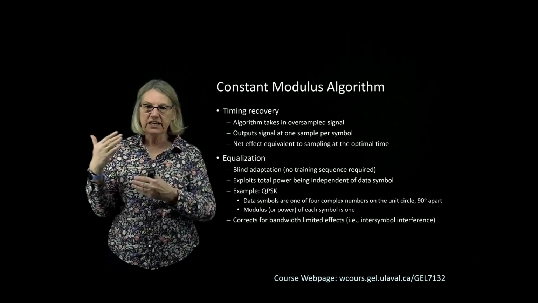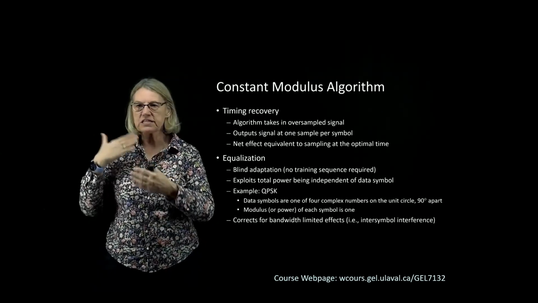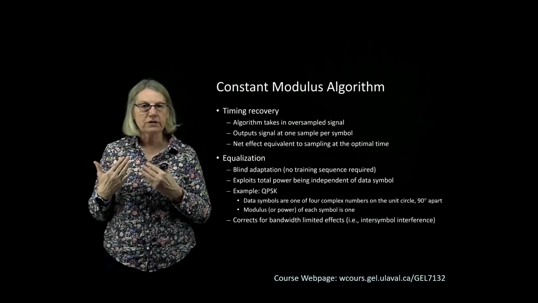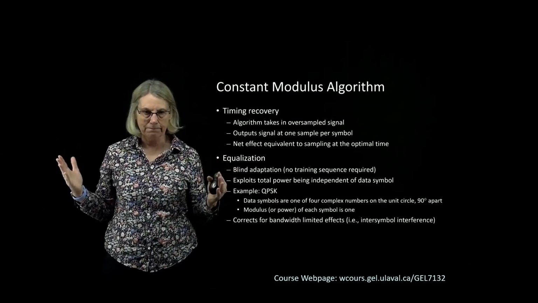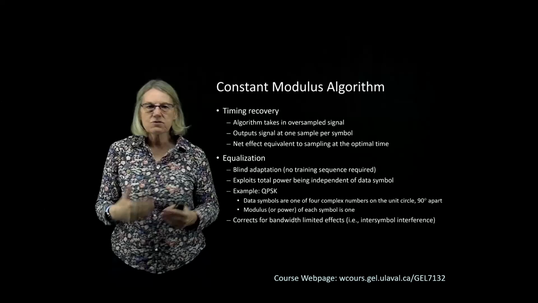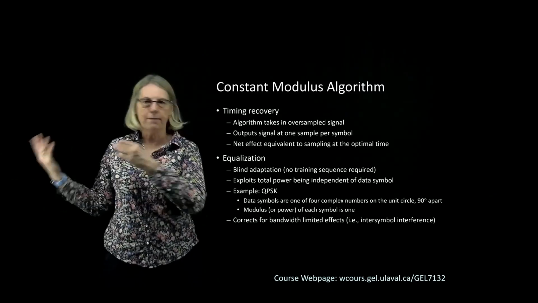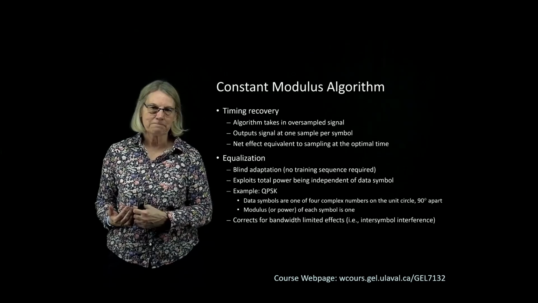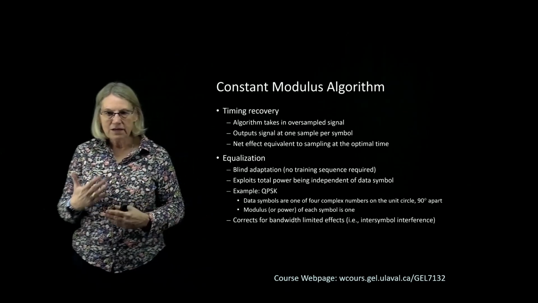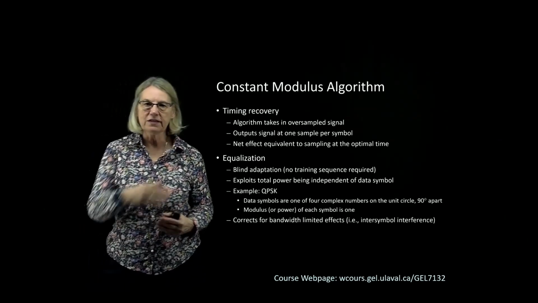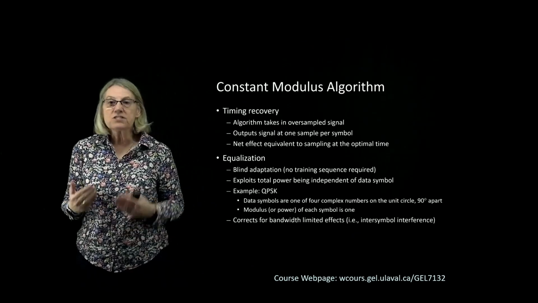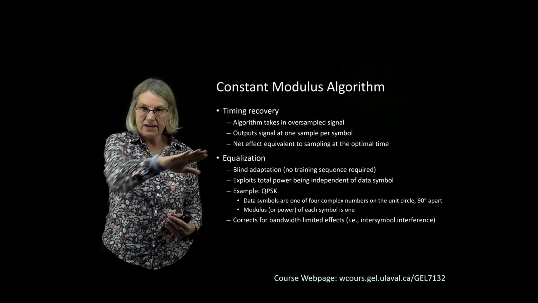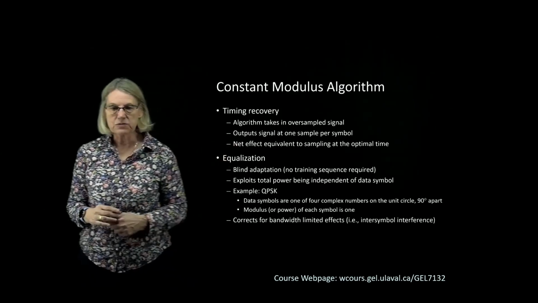Effectively, inside of the algorithm, there is something that is forcing the output to be given at that ideal sampling time. So the net effect is equivalent to having a timing recovery circuit, the equivalent of having optimal timing. At the same time that I'm doing this adaptation that allows me to do the timing recovery, it's also doing an equalization act. It's, again, a blind equalization. There's no training sequence required.